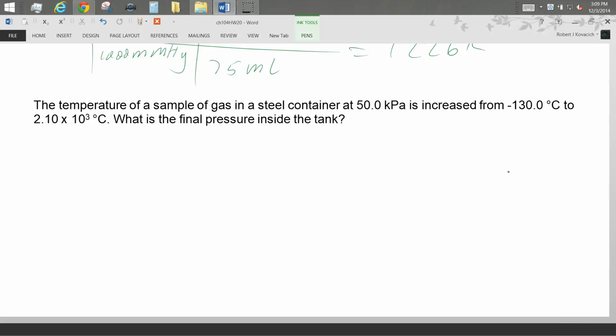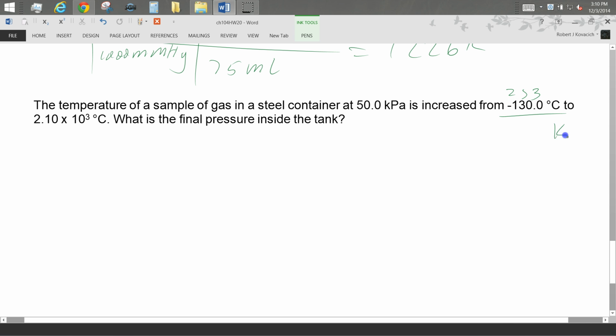The temperature of a sample of gas in a steel container is increased. All right. You've got to look and see what the temperature units are, right? So this is negative 200 and negative 130. This is still 273 I have to deal with here, right?